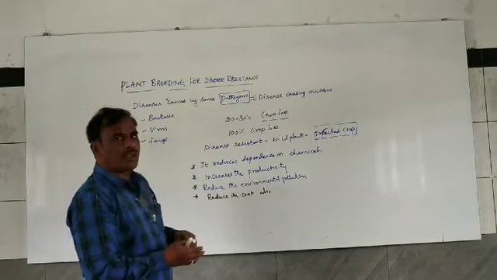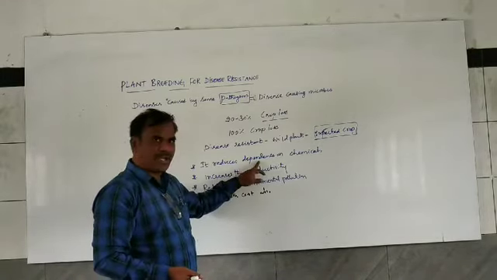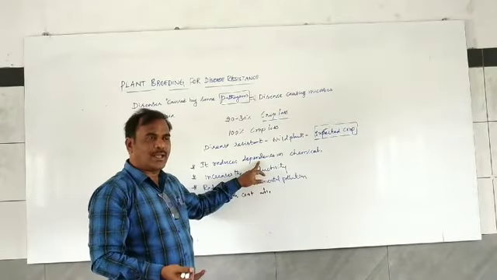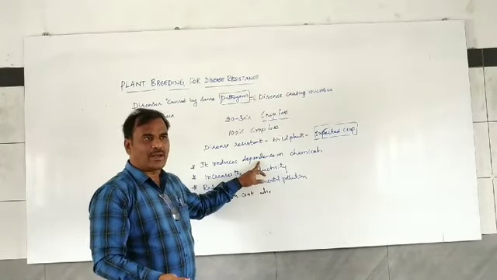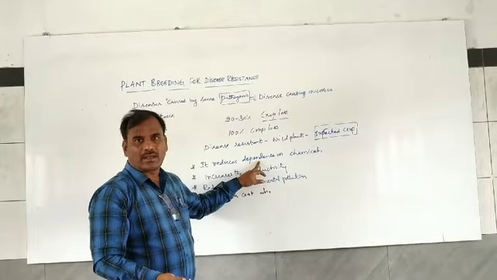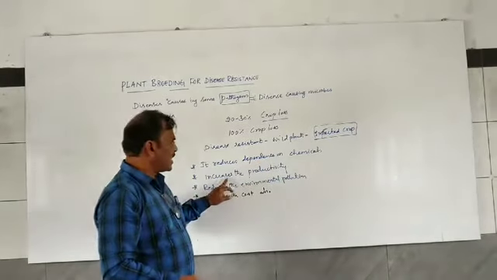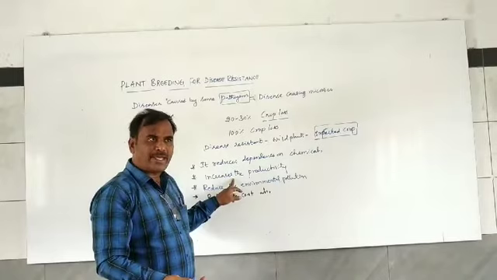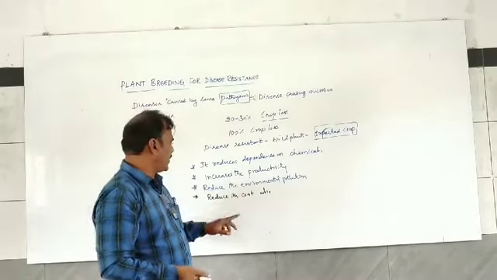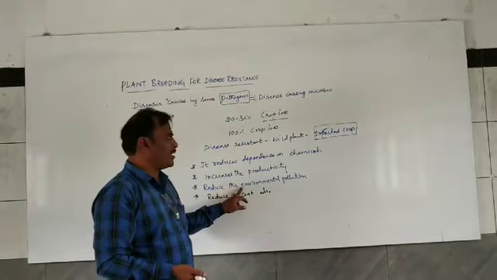Whenever we reduce the dependence on the chemicals, the cost decreases for the farmer in the cultivation, and productivity increases. The ultimate aim is increasing the productivity and reducing the environmental pollution.